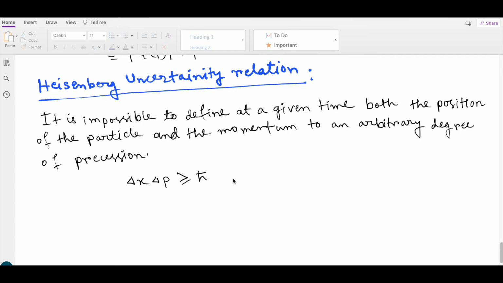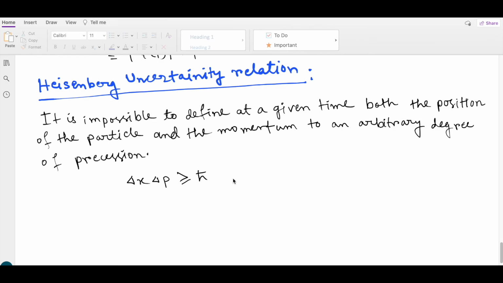And the Heisenberg uncertainty relation is a very important and most debatable concept in quantum mechanics. It is very weird. Let's see what it is. It is impossible to define at a given time both the position of the particle and the momentum to an arbitrary degree of precision.